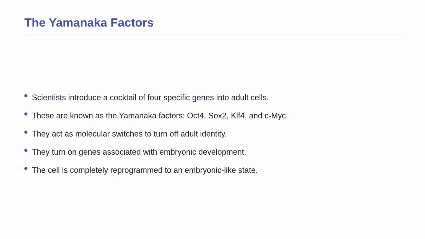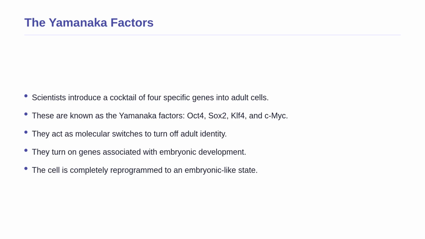So, how exactly do we press this biological reset button? To create iPSCs, scientists introduce a specific cocktail of 4 genes into the adult cell. These are famously known as the Yamanaka factors, named after the scientist who discovered them. The factors are OCT4, SOX2, KLF4, and c-MYC. You can think of these transcription factors as molecular switches.